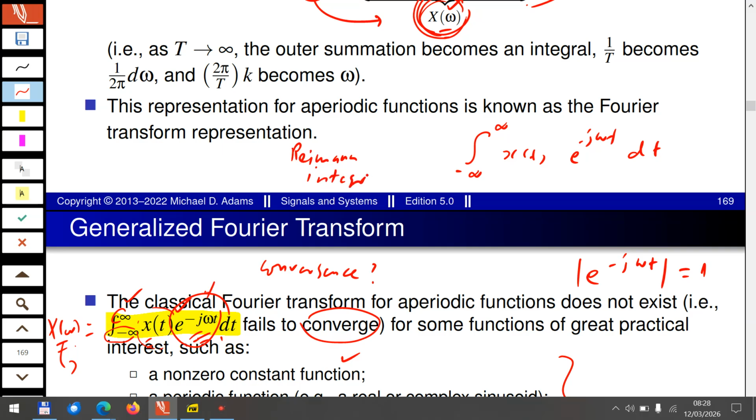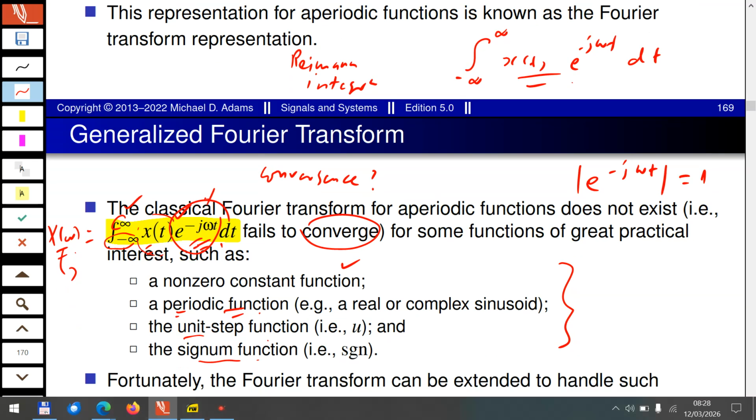Because he discovered this. And Riemann integration requires integrability. It must be absolutely integrable. You know it from calculus. But what do we do with these functions? We don't want to abandon these functions, right? We still want to be able to work with these functions. So, how do we solve this problem?